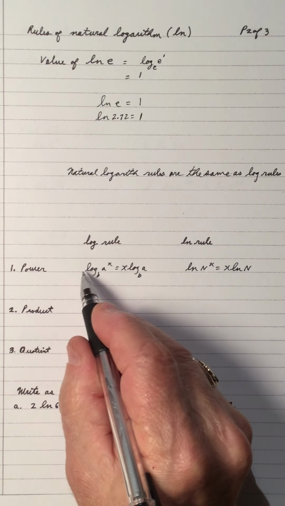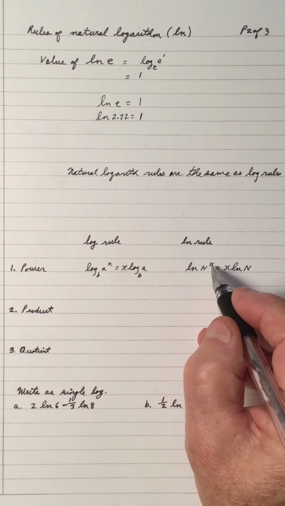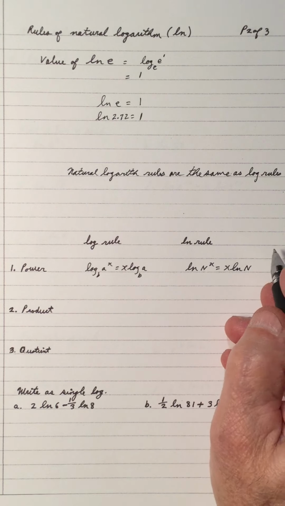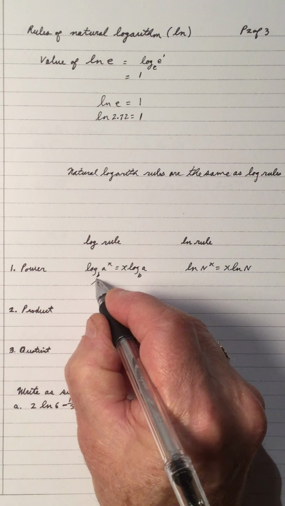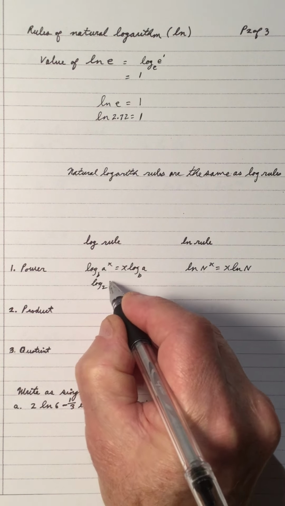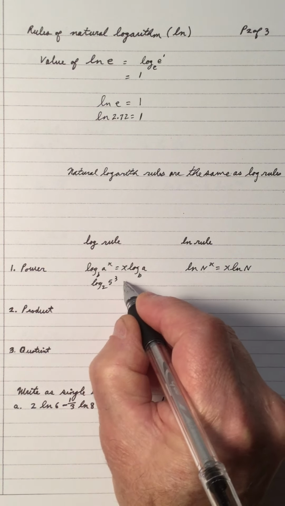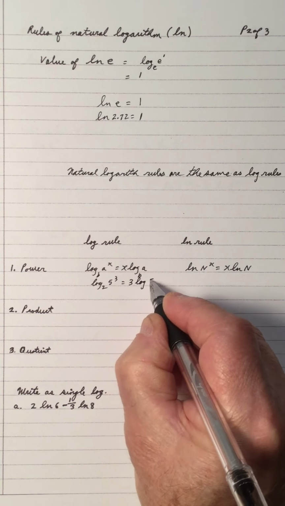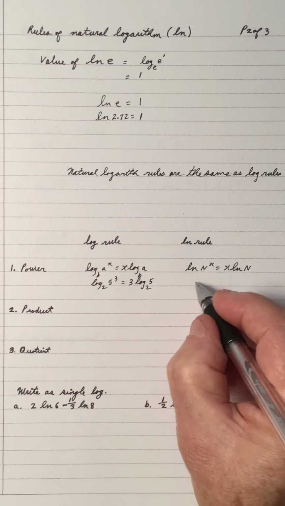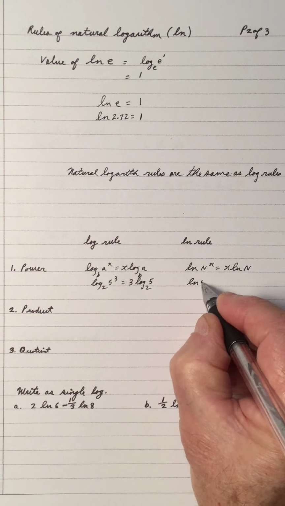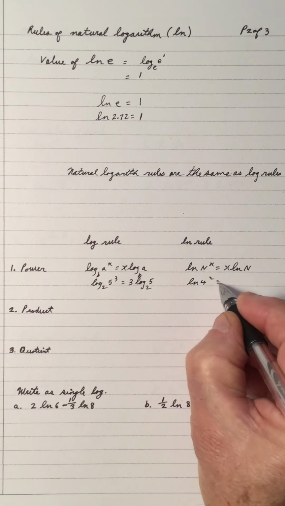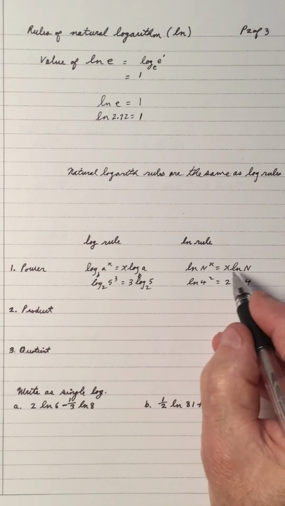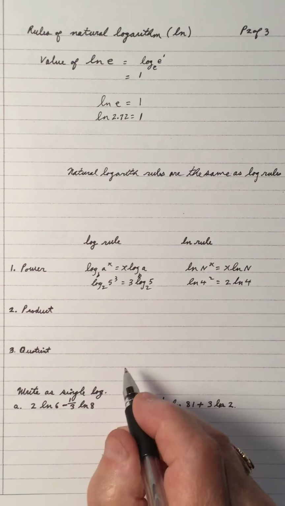The power rule moves in front of the log, and the power rule here moves in front of the ln. To do an example, the log of 5 cubed base 2 is the same as 3 times the log of 5 base 2. And the ln of 4 squared is the same as 2 times ln 4. So the power moves to the front.